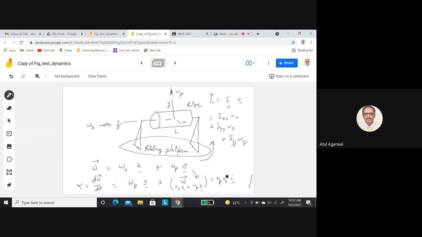Omega x, omega y, omega z you already know. Omega x is 0, it is not talking of any rotation about the x axis. Omega y is omega p, the entire thing is rotating about this platform. Omega z is omega s.